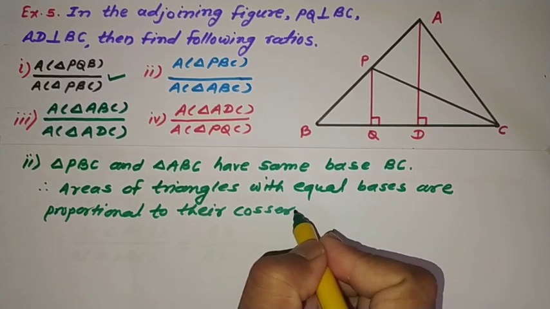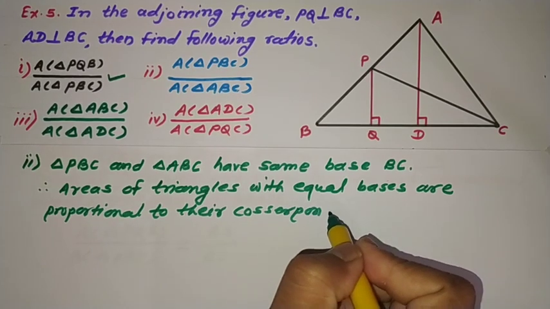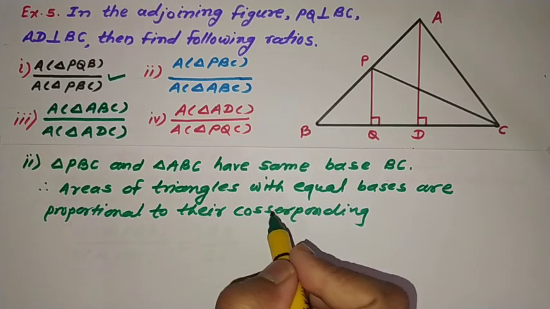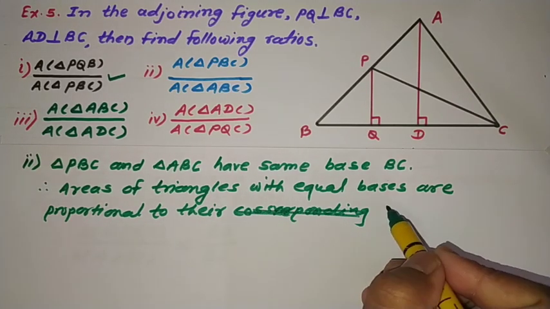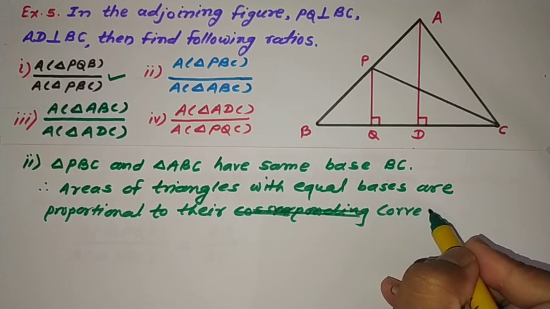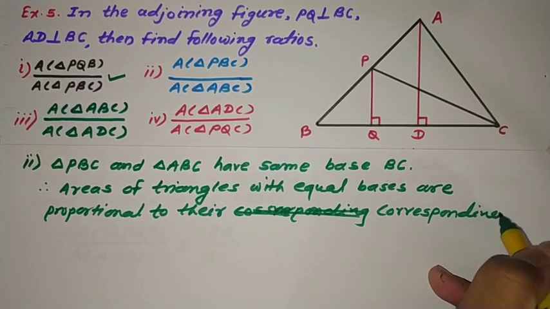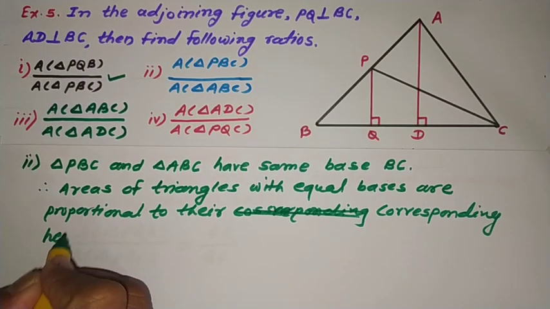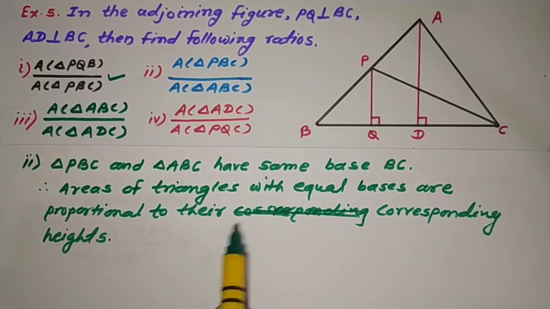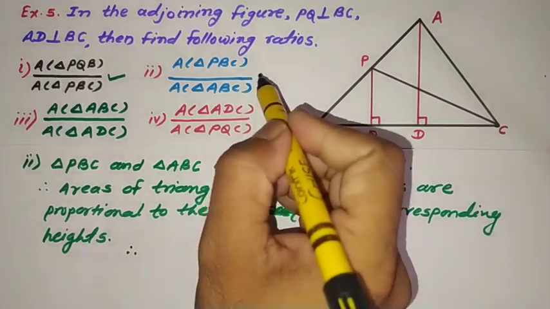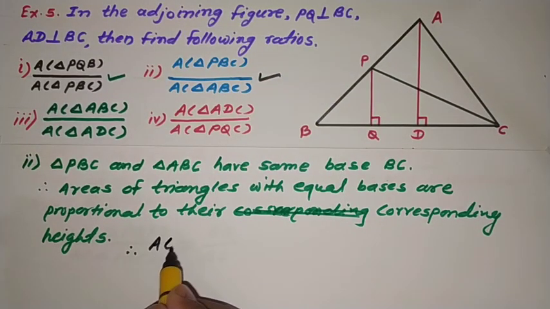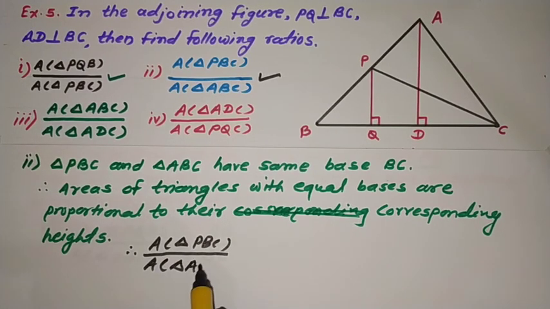Therefore, the ratio of the area of triangle PBC upon the area of triangle ABC.